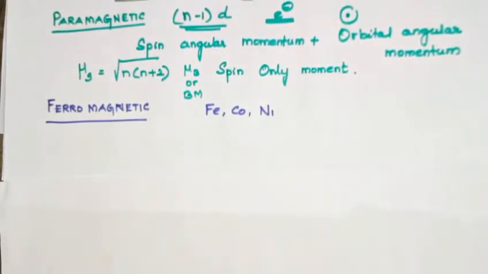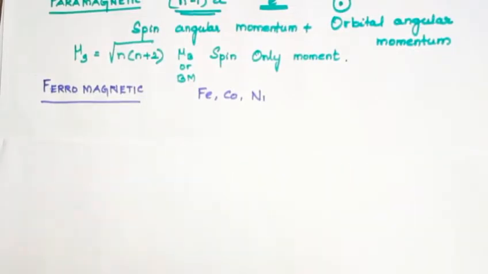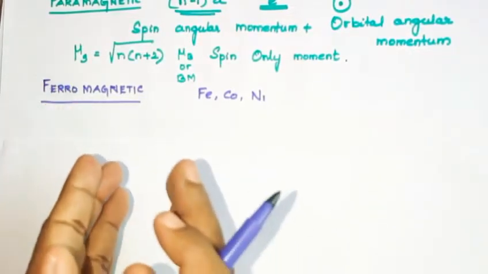Next we come to the transition elements, for example the 3D series, that is scandium to zinc. From scandium to zinc, the number of unpaired electrons increases across the period and then decreases again.